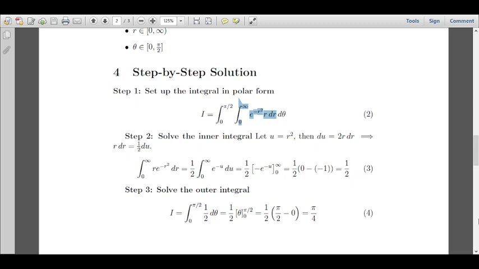So our new polar integral becomes: r varies from 0 to a, theta varies from 0 to pi by 2, square root of x square plus y square becomes square root of r square, that is r, and dy dx is equal to r dr d theta. Remember, dy dx is equal to r dr d theta in polar coordinates. So r into r dr d theta, that is r square dr d theta.